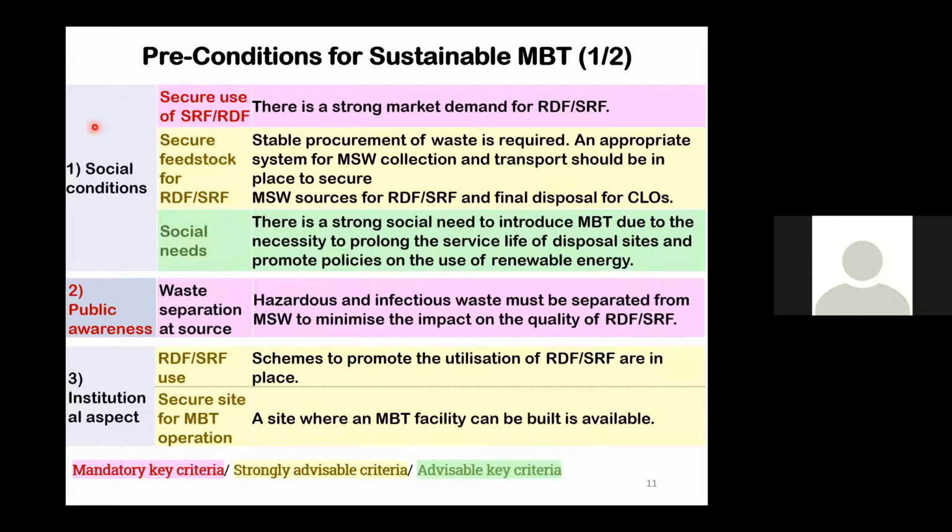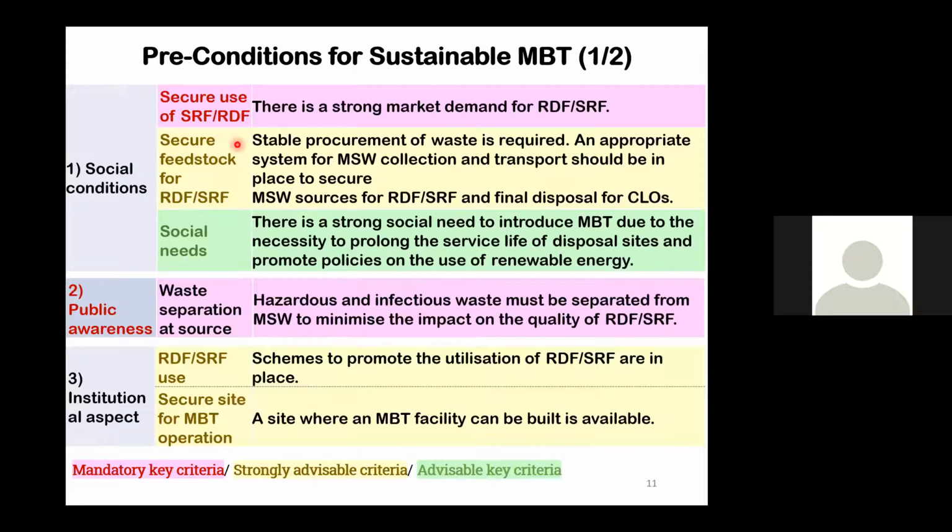And for social conditions, the very important thing is securing the use of the SRF or RDF. This is the mandatory key criterion to consider for MBT implementation. Together with that, securing the feedstock for solid fuel production is also essential.